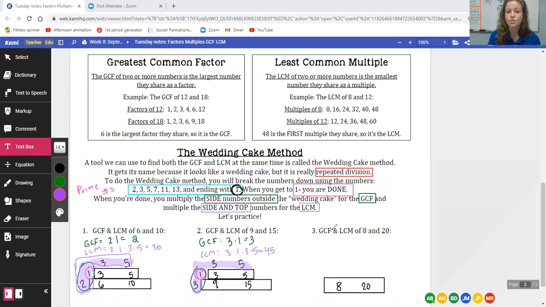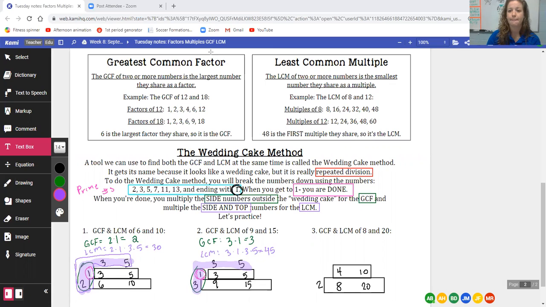Does 2 go into 8 and 20 evenly? Yes, it does. So I'm going to put 2 on the outside. 2 goes into 8 how many times? 4. 2 goes into 20 how many times? 10.